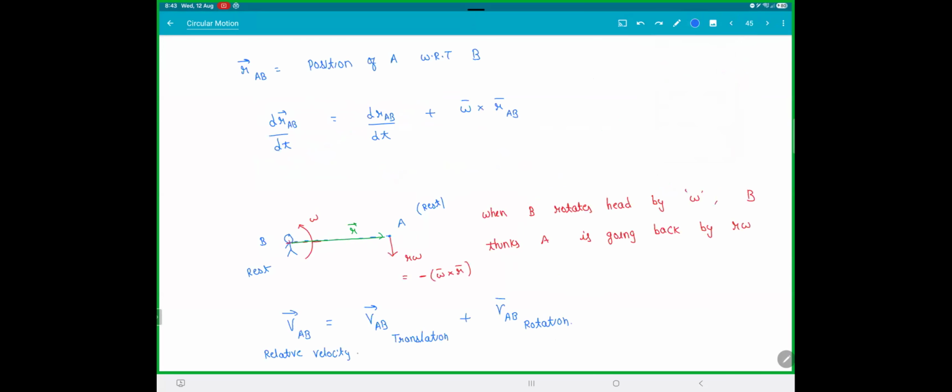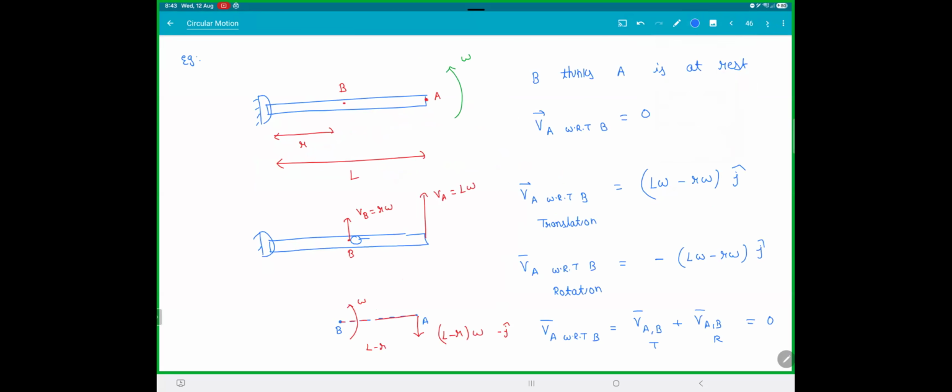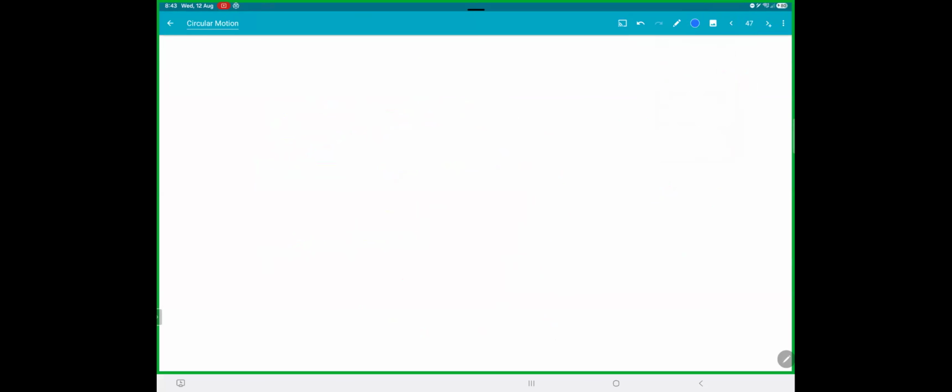So this is what I was writing here. When you rotate your head, even then you get a relative velocity. So there are two things here. That means when you write that formula, this is how you can write it. So the velocity of AB, let me write this in a rotating frame, will be the velocity of AB in the translatory frame.